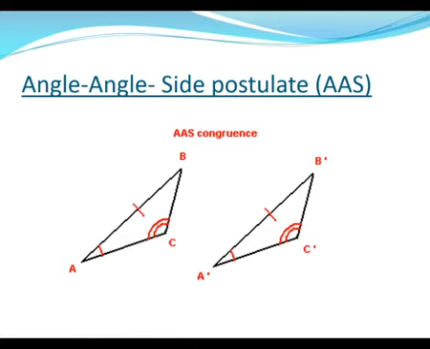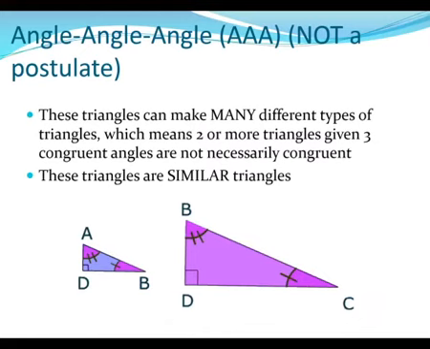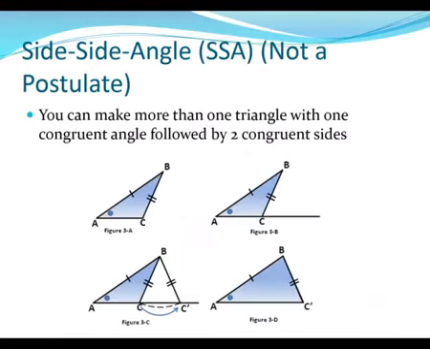Now we're going to talk about the two postulates that do not work. We've already talked about one of them: the side side angle postulate, which remember, spells a bad word. We don't say bad words in math. First of all, this postulate would never work to begin with, but it also doesn't work because if you have two sides and an angle that is not in between the two congruent sides, you can make a completely different triangle with those same two sides and the same angle.